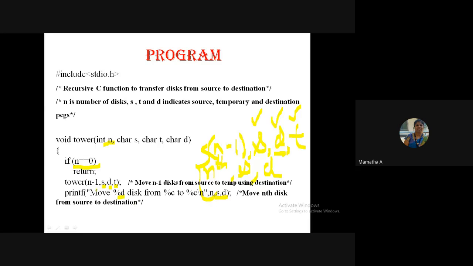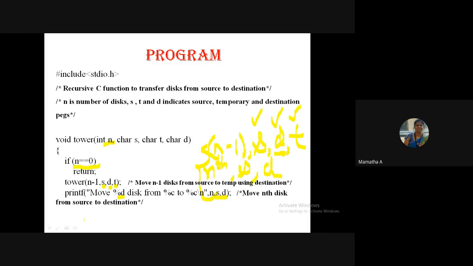Now tell me the last recursive function call. Move n-1 disks which are placed on where? Temporary peg, to destination, using source. Tell me the function call. Your good name? Girish, ma'am. Tell me the function call.